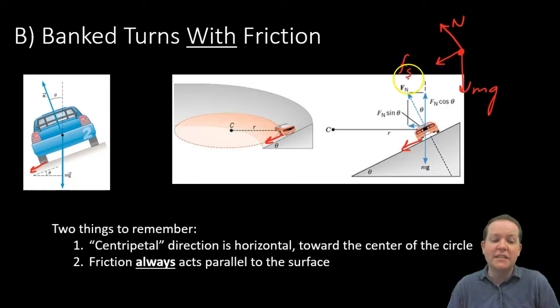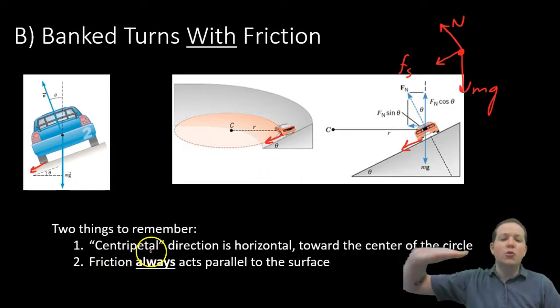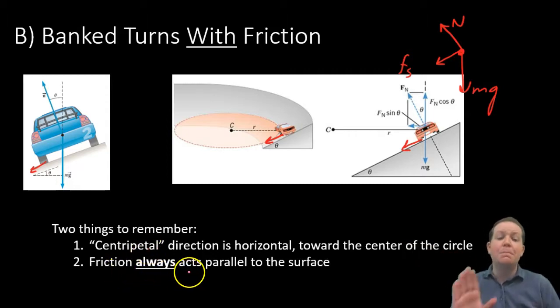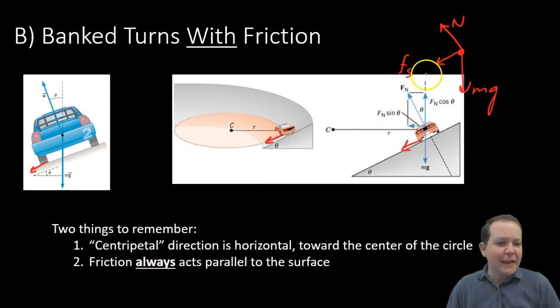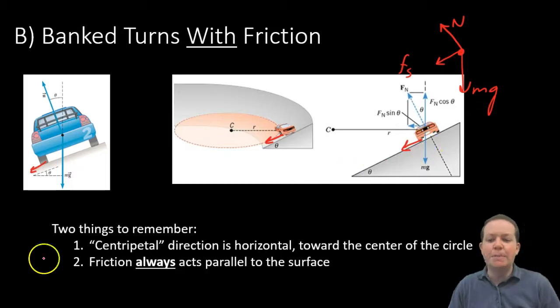Even more forces. That means even more ability to move in a circular path. A couple of things you've got to remember. Centripetal, that direction is always horizontal. And you also have to remember that friction acts parallel to the surface. That's why I drew friction like this, down at some angle, because friction, like we saw back in inclined planes, is always parallel.